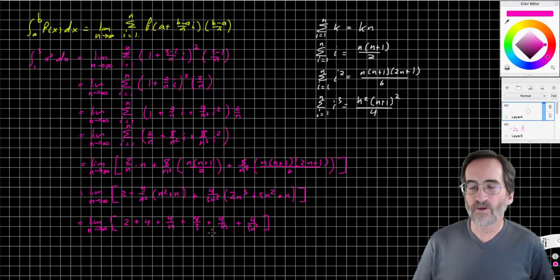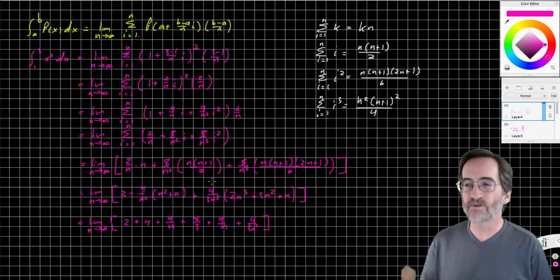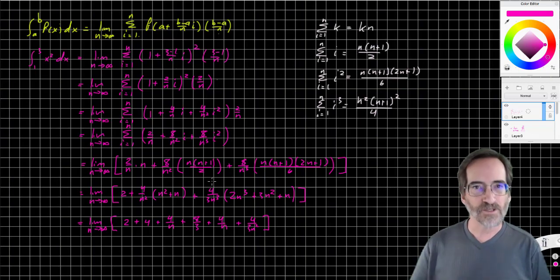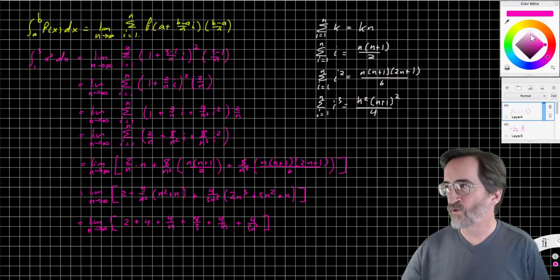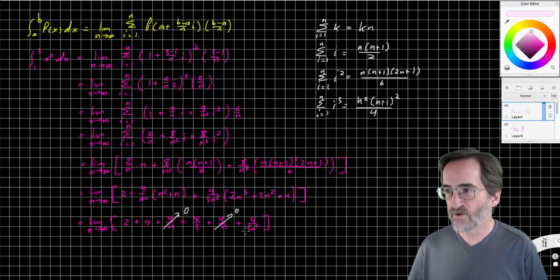Okay, now a little bit of review. What happens to a fraction as the denominator grows uncontrollably off to infinity? The fraction goes to 0. That's a very important principle in solving limits. So 4 over n goes to 0, 4 over n goes to 0, 4 over 3n squared goes to 0.